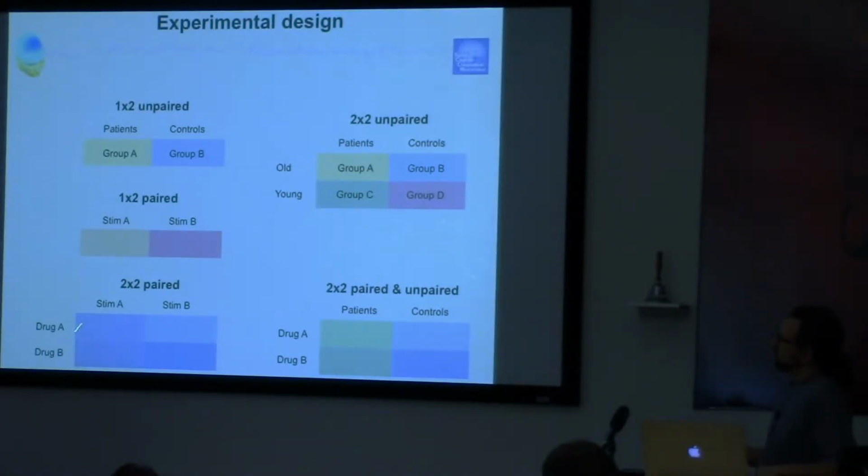N by m paired, where you would have stimulus A and B, drug A and B for the same sets of subjects, or unpaired design. But basically you can do any two independent variables which are categorical, which means you can't do reaction time, you can't do any continuous variable. You can do condition A, B, C, D, you can do drug A, B, C, D, etc. That's the limitation of the current version. And plus you can only do 2.